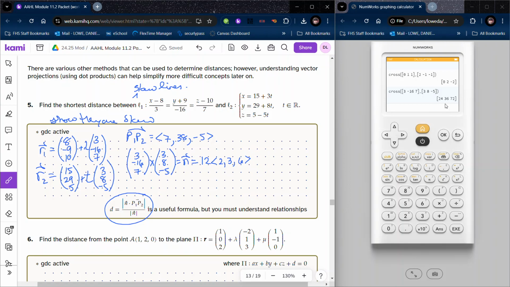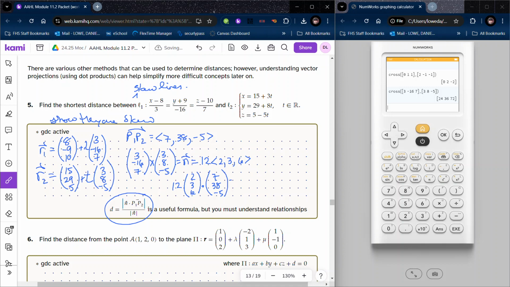If we look at the greatest common factor of 24, 36, and 72, that's 12. So now I need to take that value, 12 times 2, 3, 6, and dot that with my directional vector of P1 to P2, which is 7, 38, and negative 5.